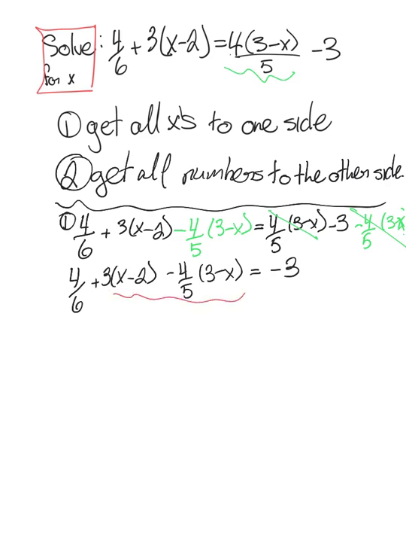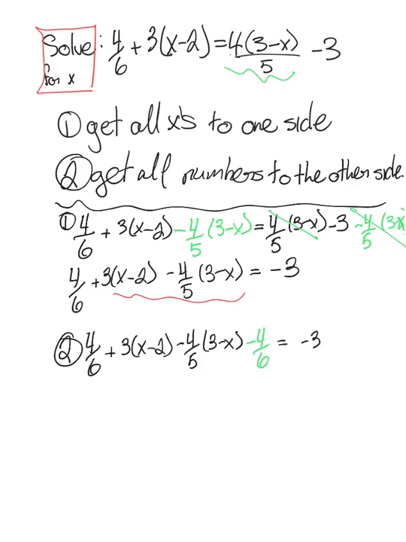What's our second step now? Bring all the numbers to the side without the x's. Meaning, we have 4/6 plus 3x minus 2 minus 4/5 3 minus x minus 4/6 equals -3 minus 4/6.